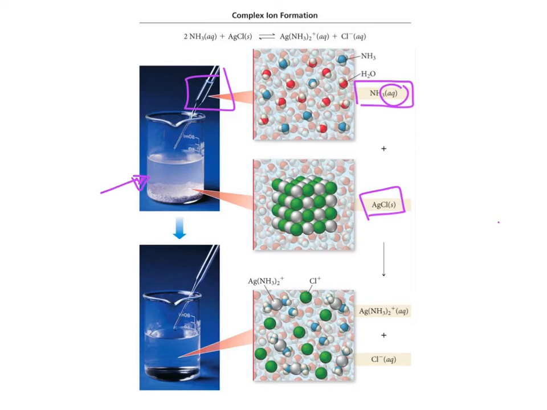But we have them separate, and then you add the ammonia aqueous solution into the silver chloride, and what you see is that the silver starts reacting with the ammonia to form a complex ion, and then you have chloride in solution, and this should be a negative sign.